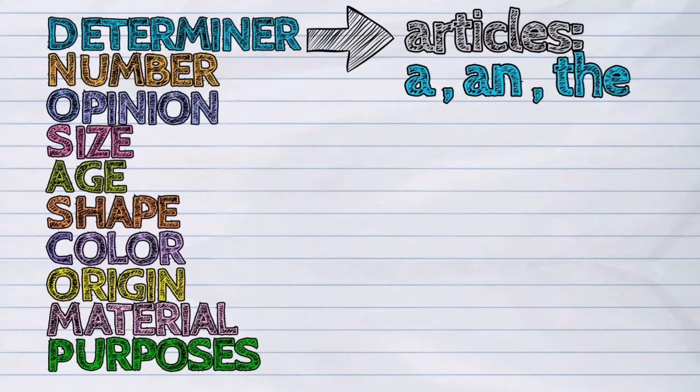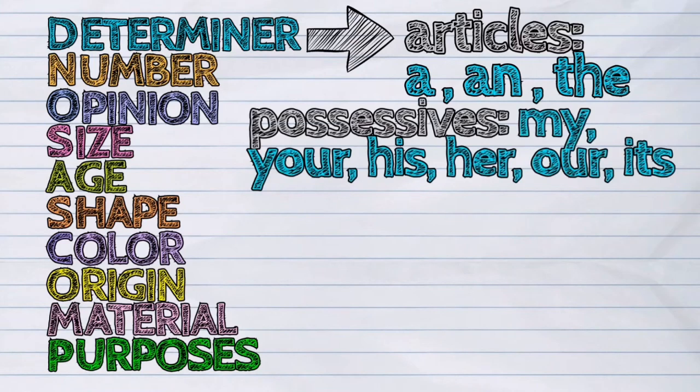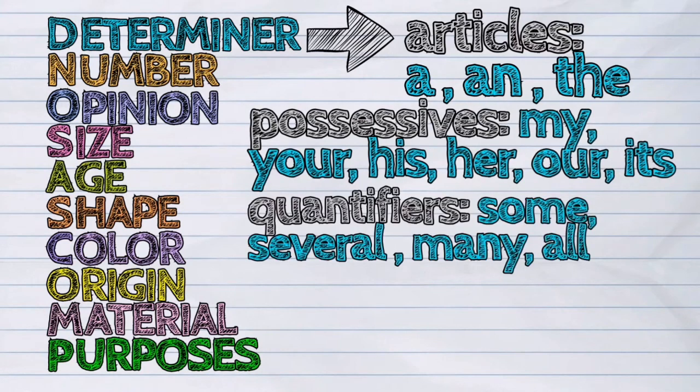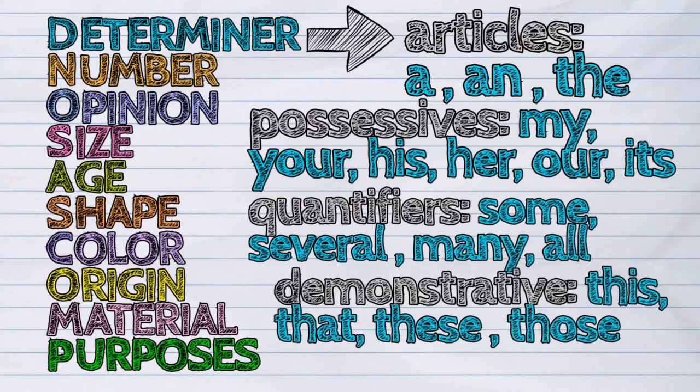Determiners are articles like a, an, and the. Possessives like my, your, his, her, our, its. Qualifiers like some, several, many, all. Or demonstrative like this, that, these, and those.